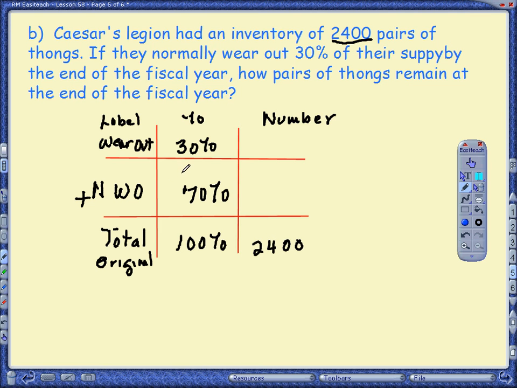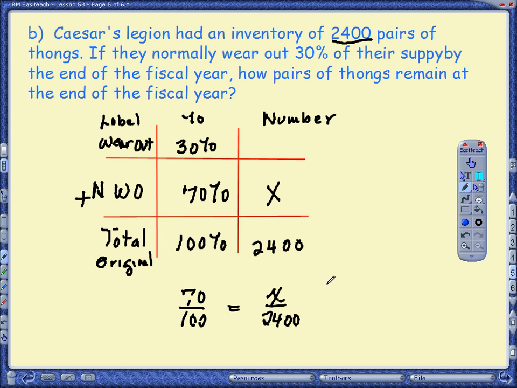We want to know how many remain. How many did not wear out? So our x now is going to go here. We had to figure out the 70 to figure out how many did not wear out or remained at the end of the year. Okay, so we're going to do 70 over 100 equals x over 2400.